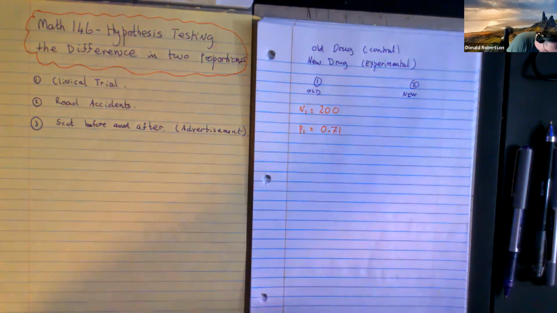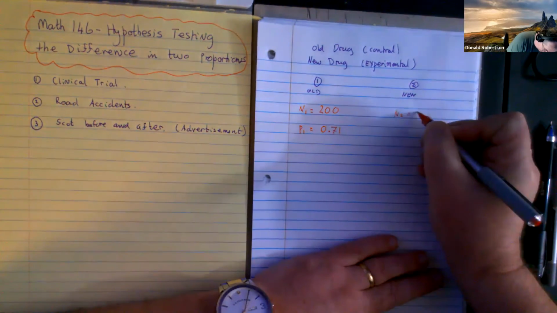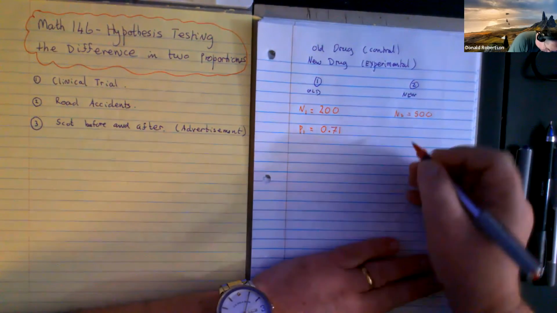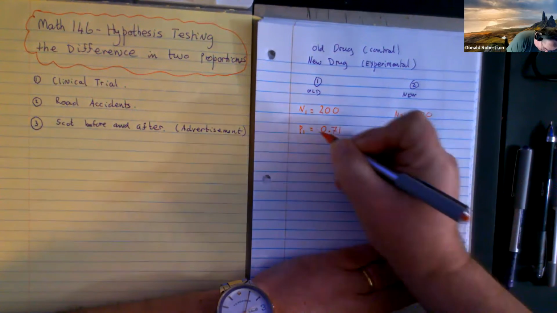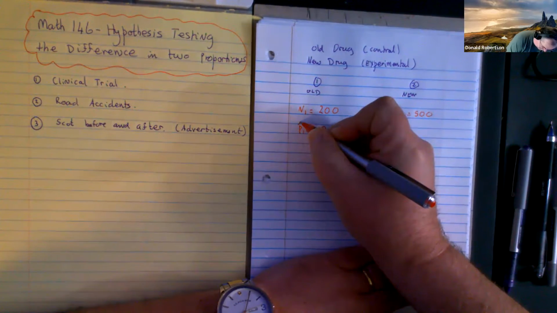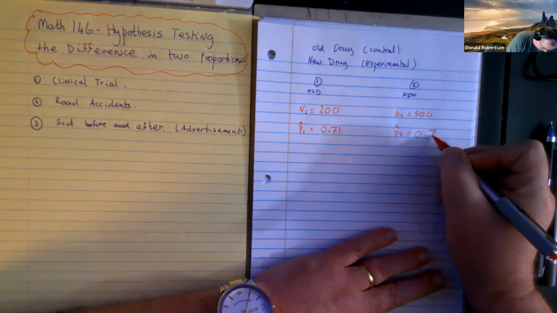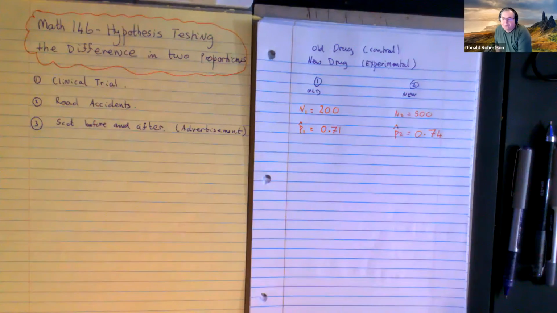And the new drug, 500 people in that one. And in this case, you got a 74% success rate. So if you were the pharmaceutical company, you would be quite happy with that.